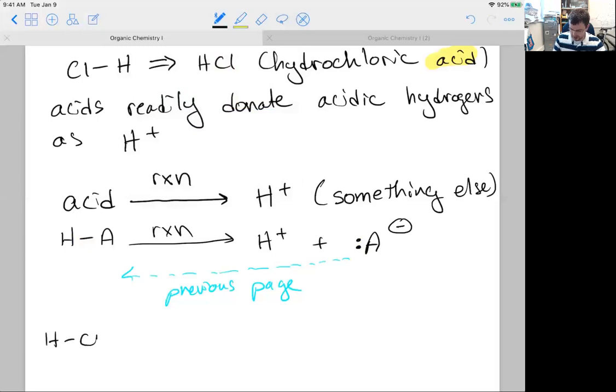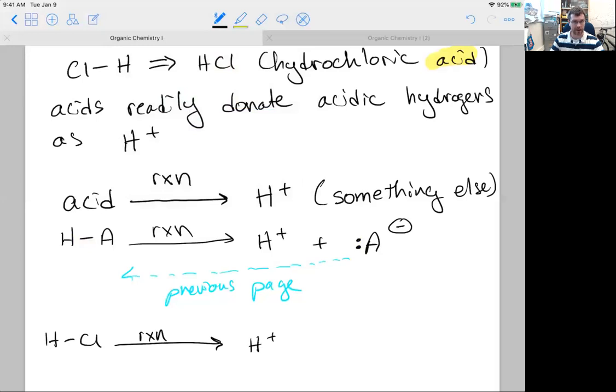So HCl is notorious for this. If you mix HCl with anything, I mean, if you get it out of its gas state and into water, for example, it will do this reaction where it donates an H+, and it actually puts the H+ on a bunch of water molecules.